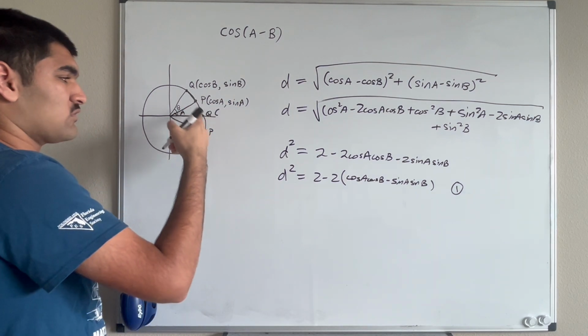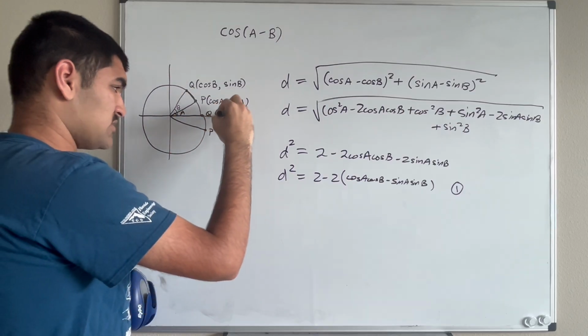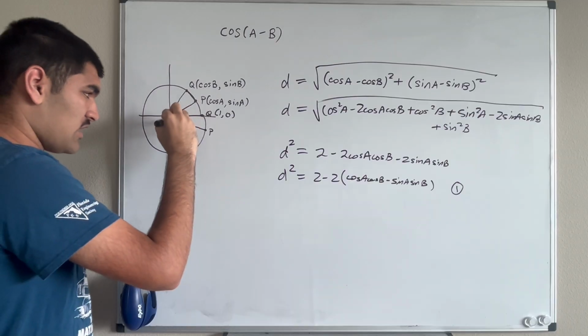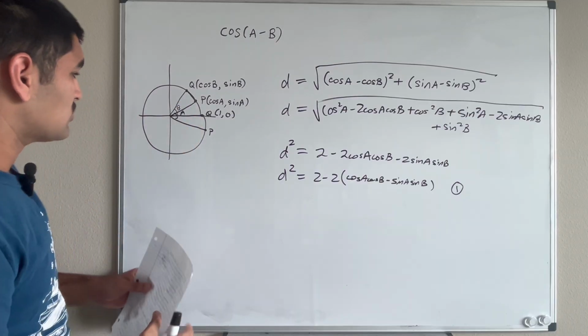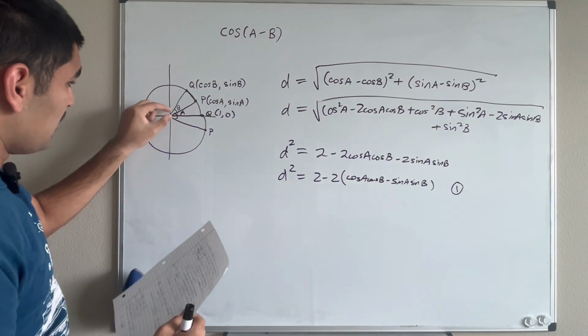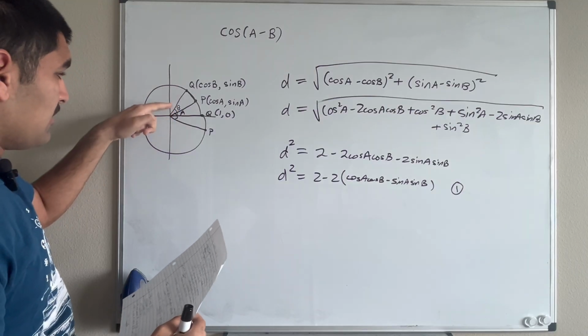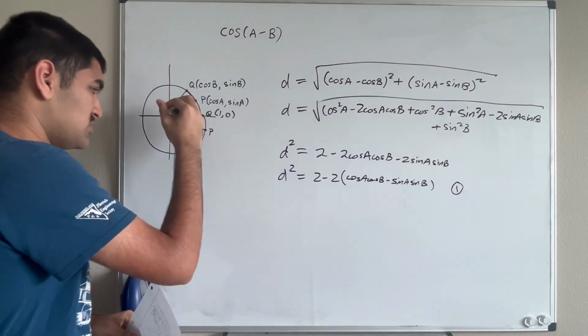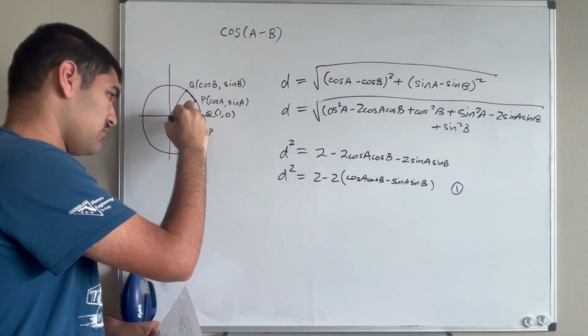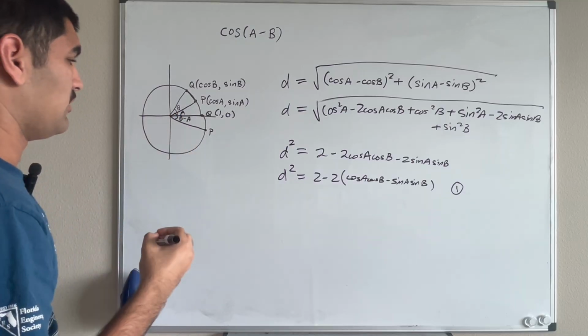It's on the unit circle on the x-axis, so the coordinates are just 1, 0. Now we must find the angle in between. If this whole angle is B and this angle is A, then the angle between Q and P must be B minus A. The angle is preserved when you rotate, so this is still B minus A.